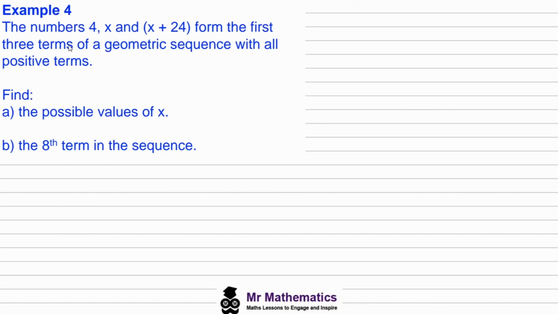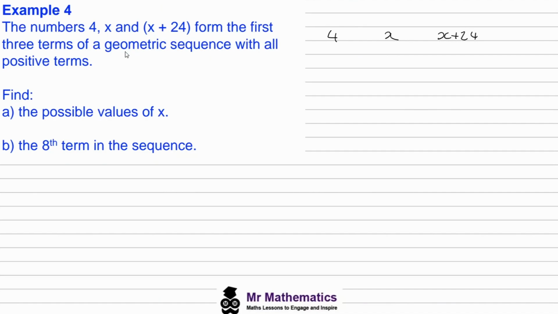So in example 4, we've been given the numbers 4x and x plus 24 form the first 3 terms of a geometric sequence with all positive terms. So if I write this out, we've got 4x and x plus 24.